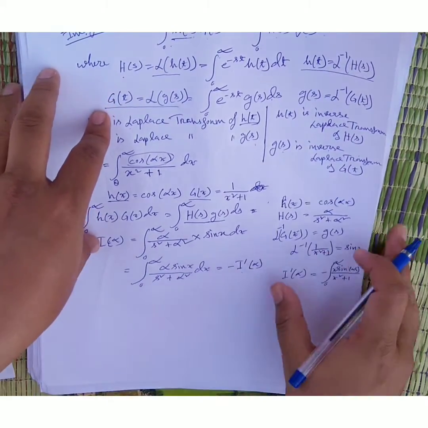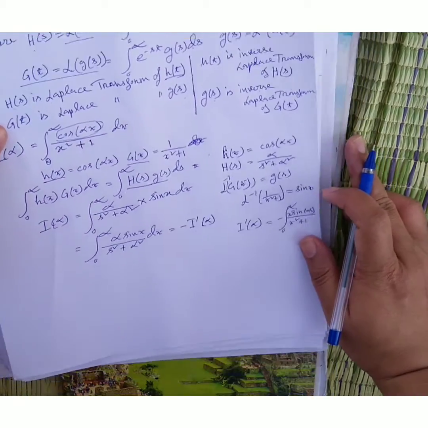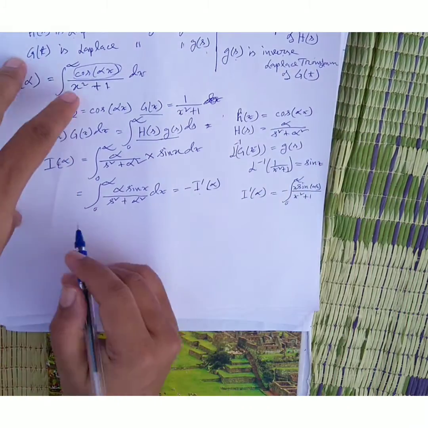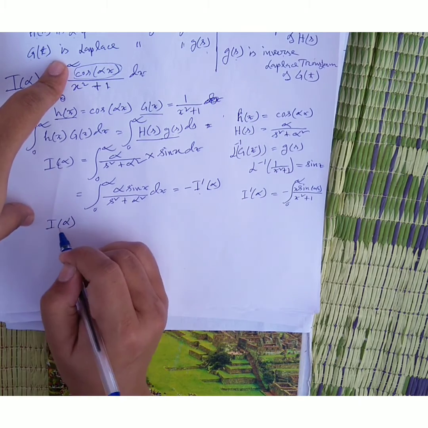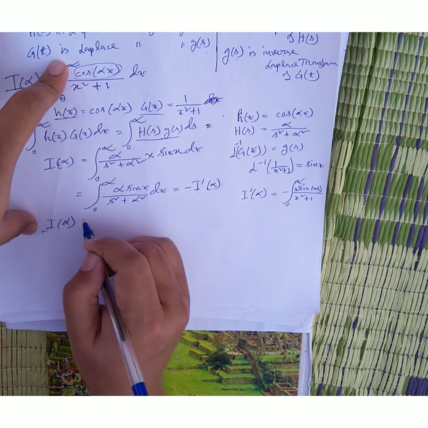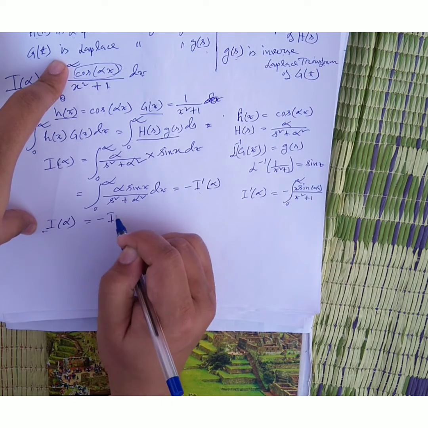So I(alpha) divided by I(alpha) is equal to minus I dash alpha.